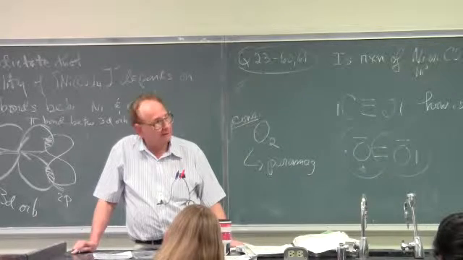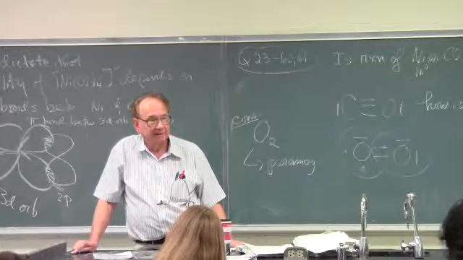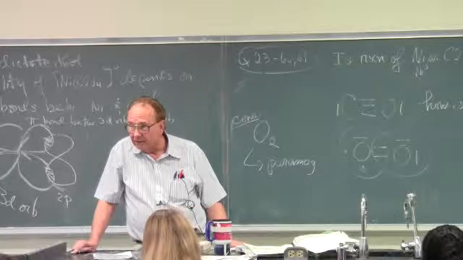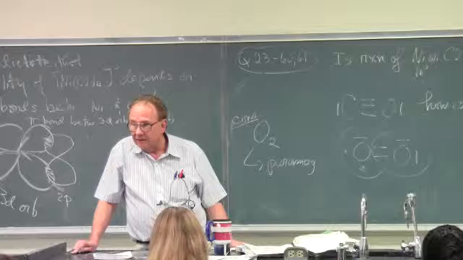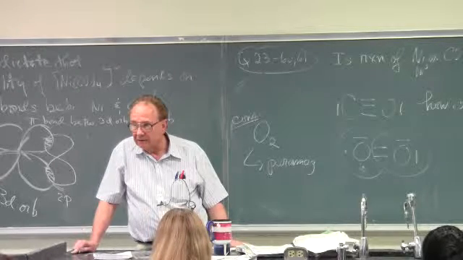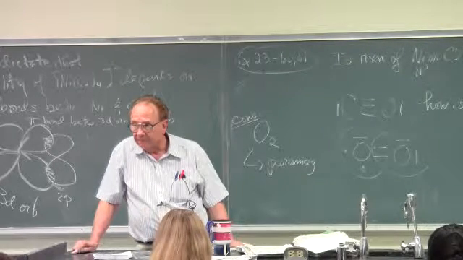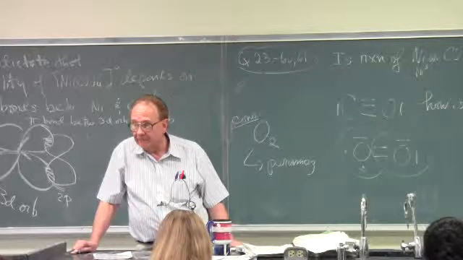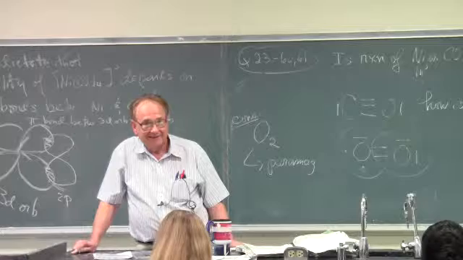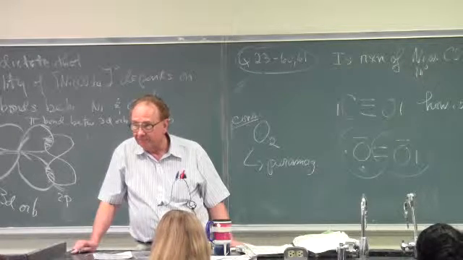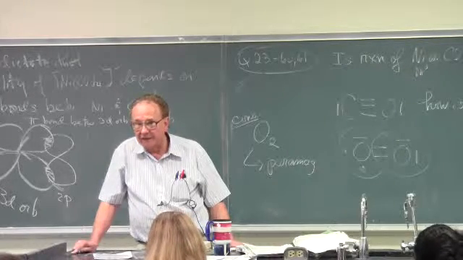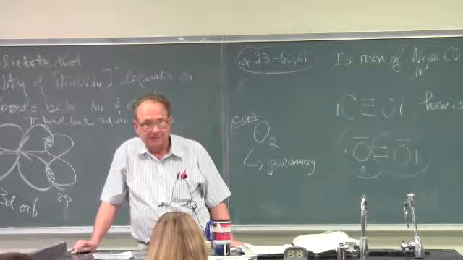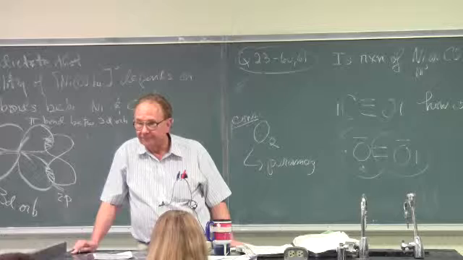There's no resonance. I don't know what you mean by they flip. Well, I agree there's no way to tell which oxygen atom bears the 2 unpaired electrons. Right. So what? So you can't.